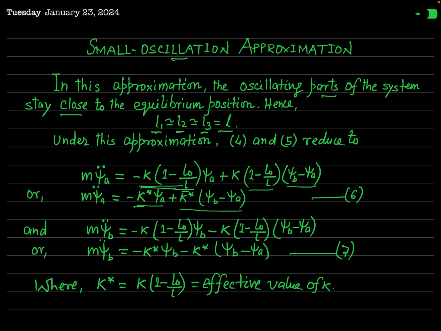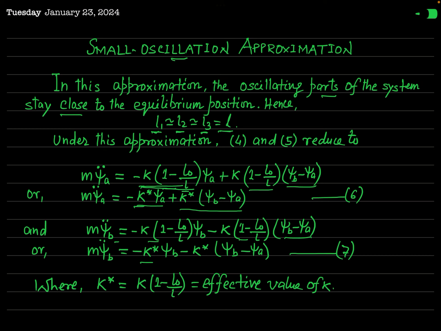And the second equation is m times psi b double dot equal to minus k times (1 minus L naught by L2), but L2 is now replaced by L, times psi b, and minus (1 minus L naught by L), again L instead of L3, times (psi b minus psi a).